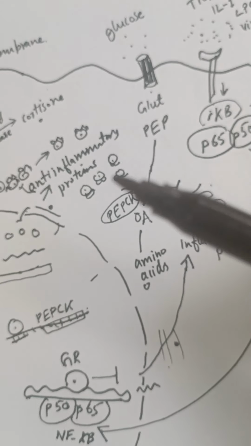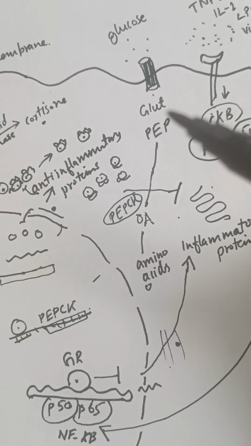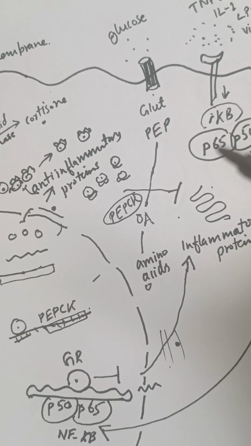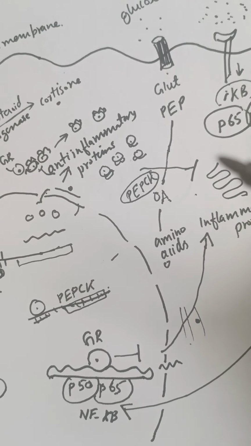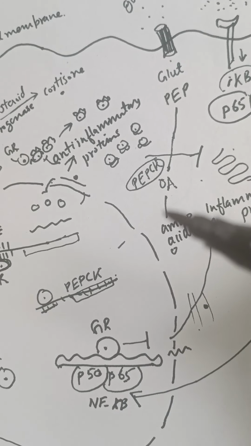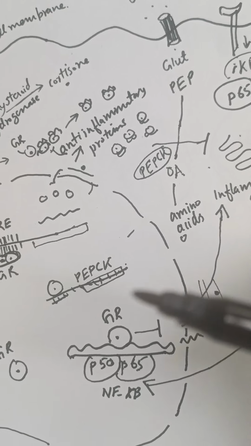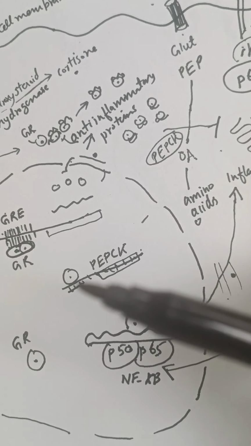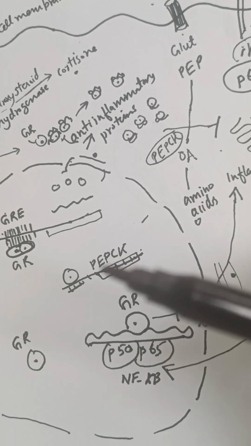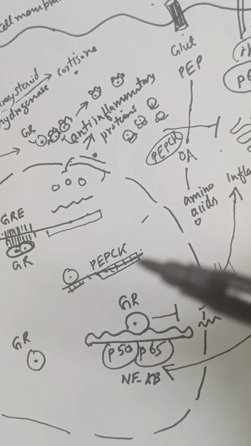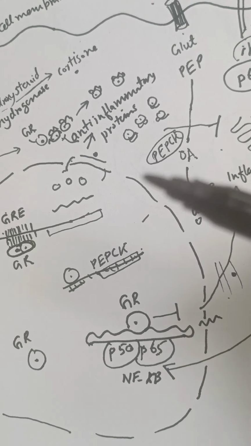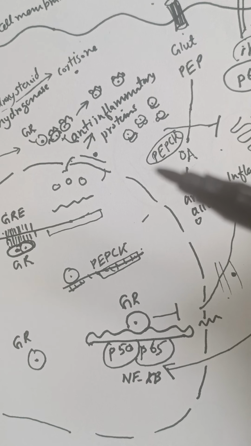But cortisol along with glucagon is also involved in gluconeogenesis. That is the formation of glucose from the proteins or amino acids. The glucocorticoid receptor binds with the phosphoenolpyruvate carboxykinase gene, and it upregulates the expression of this gene.